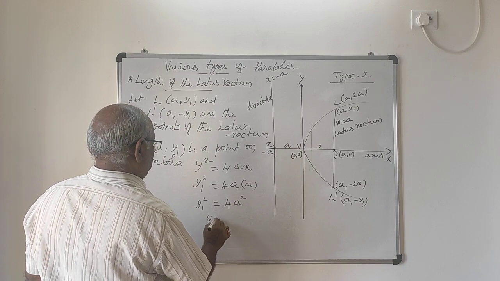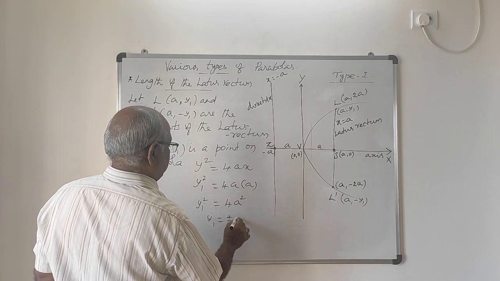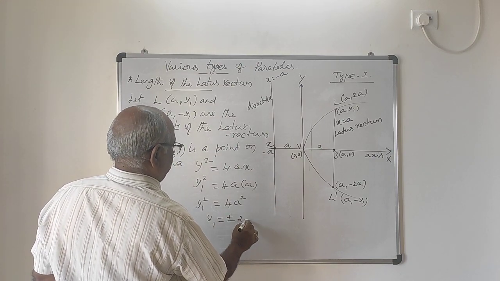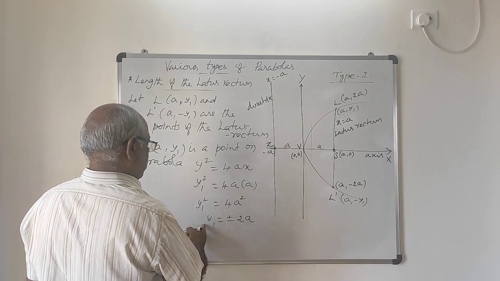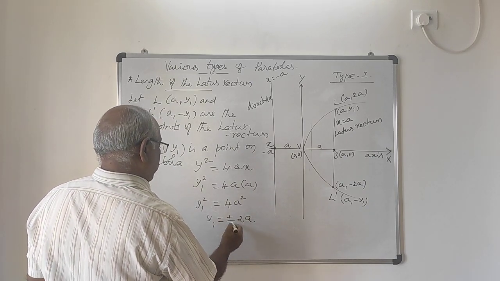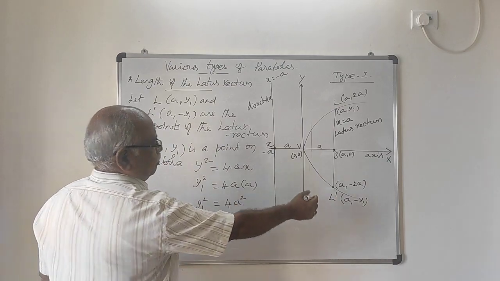Taking the square root on both sides, y1 equals plus or minus square root of 4a square, so plus or minus 2a.